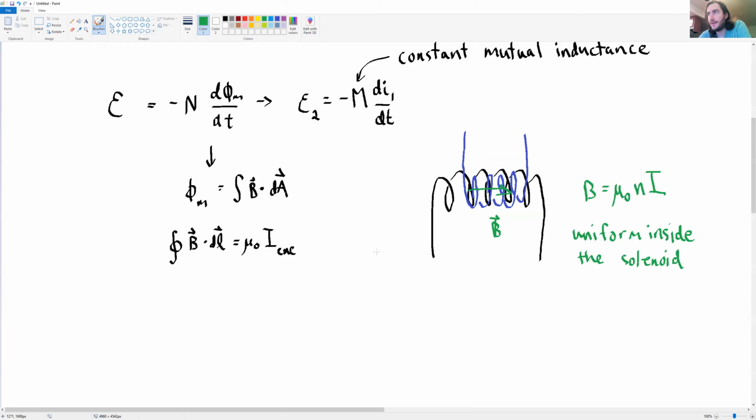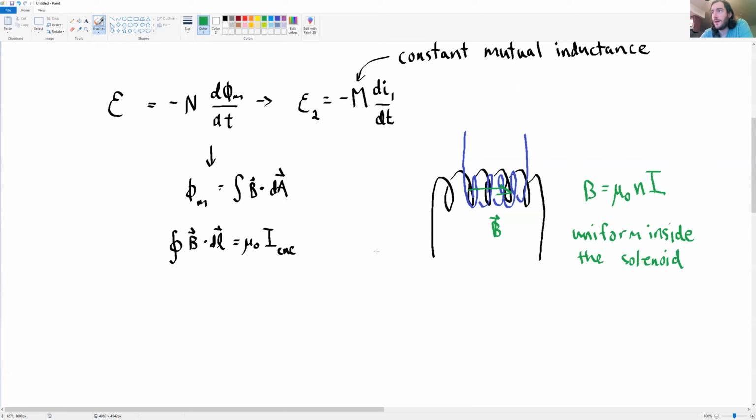And so if we were to change the current there and the magnetic field is uniform, then we wouldn't have to worry about too many challenges with calculating the flux, right? Because the flux for those loops is just constant all along the loops.